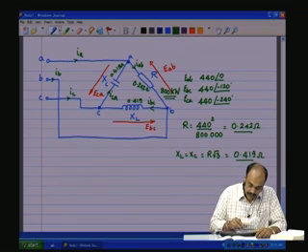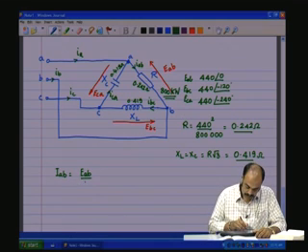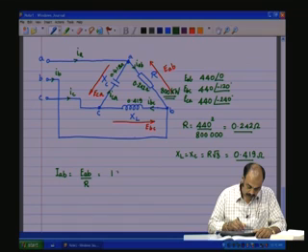Now, the current through R, let us say IAB will be EAB by R, and that is equal to 1817 amps, isn't it?